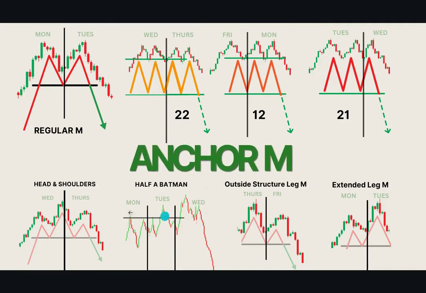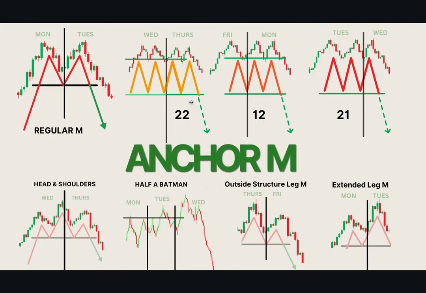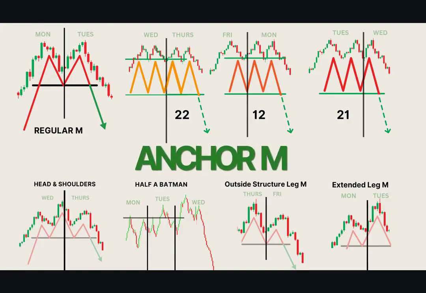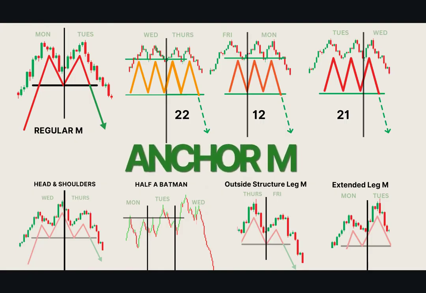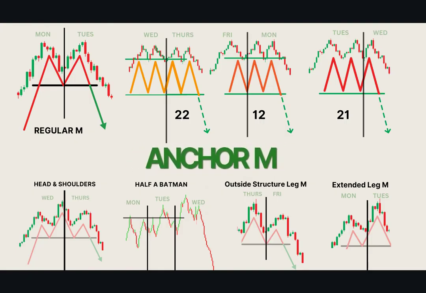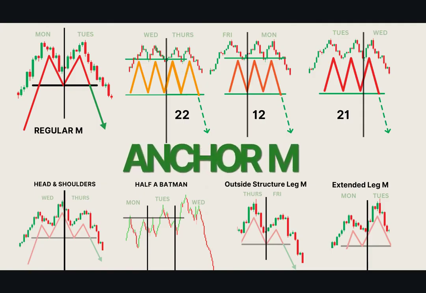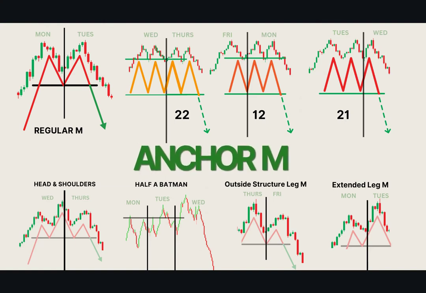If you look at this half a Batman down here, you look at this 22 up here, guess what? As long as we're both looking at it as an anchor M, neither one of us is incorrect. The only way somebody can be incorrect is if I'm looking at this as a half a Batman W and she's looking at this as a 22 M. That means one of us wants to sell and one wants to buy, and you can't have both on the same currency pair at one time.